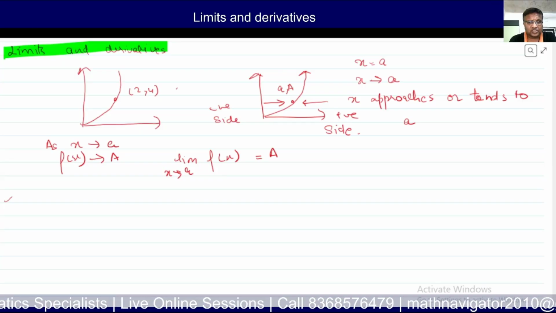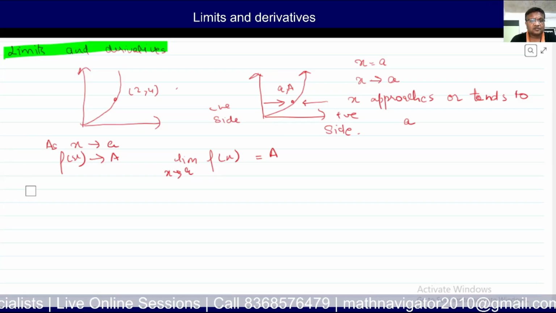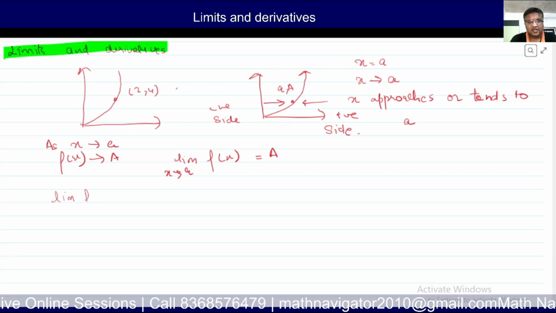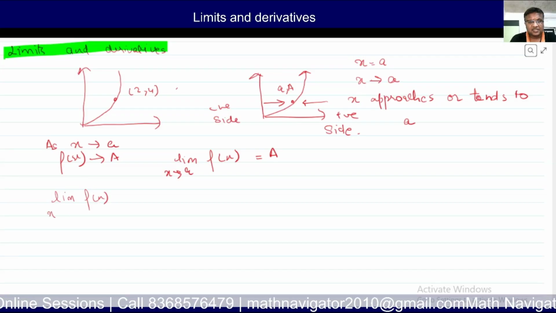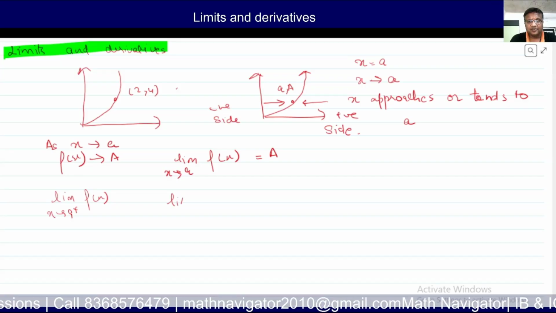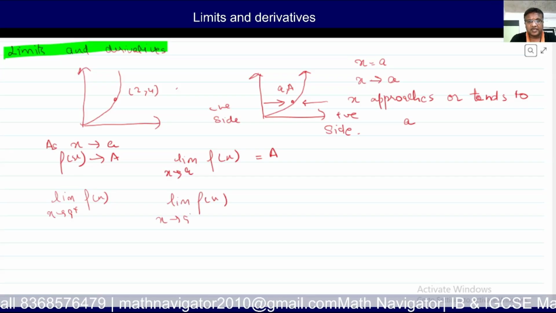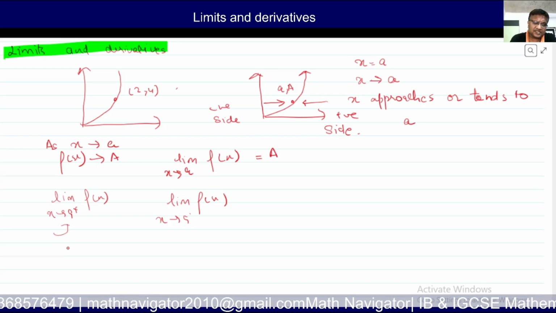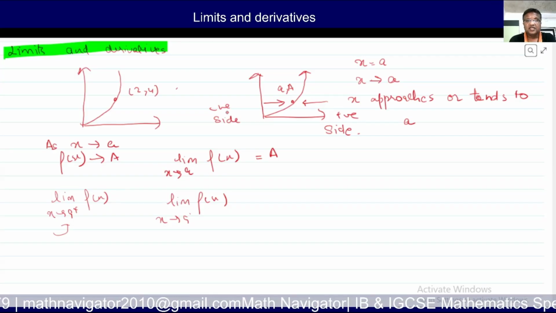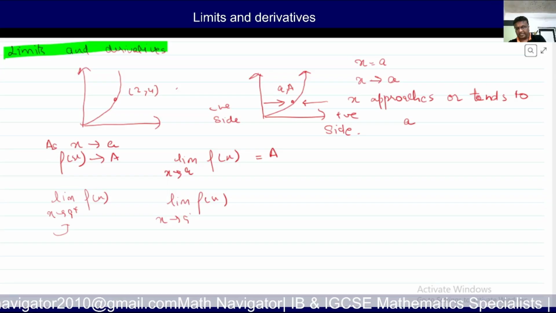Sometimes you will see the notation like this, limit f(x) as x tends to A positive and limit f(x) as x tends to A negative. This means that x tends to A from the positive side, and this is x tends to A from the negative side, right?